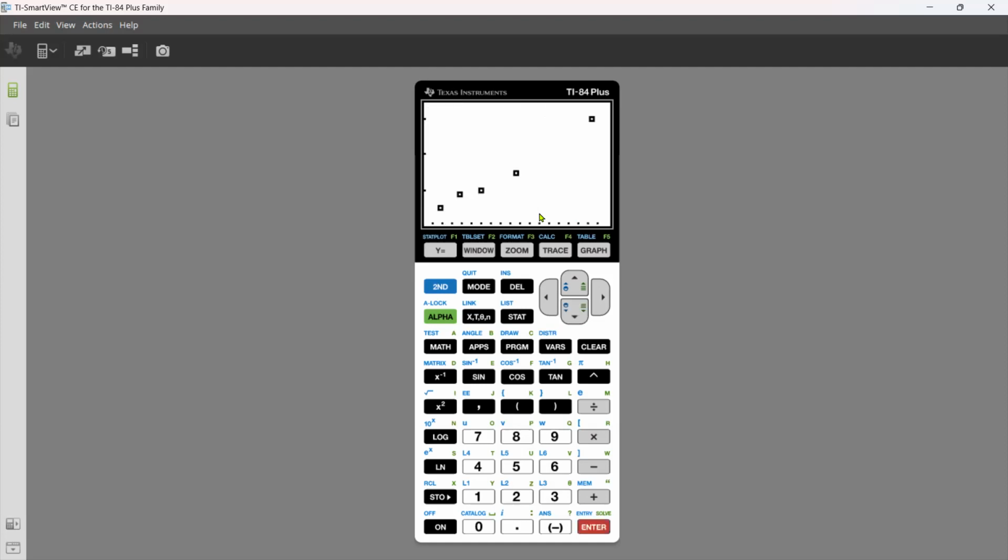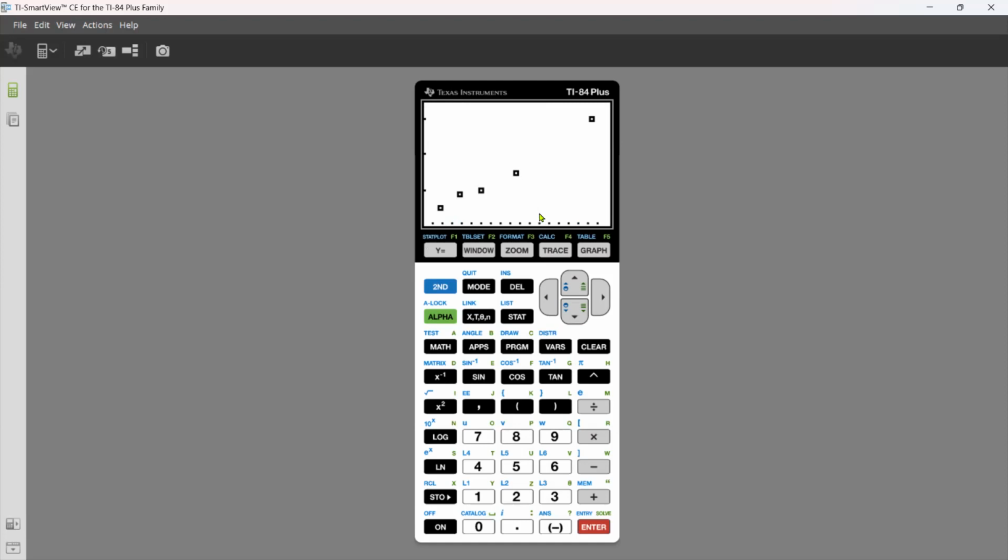My Zoom stat looks like what you see on the screen. Zoom stat, right? And once you hit Zoom stat, it will show you the scatter plot. Now, the other thing is it's going to ask you for the regression line.